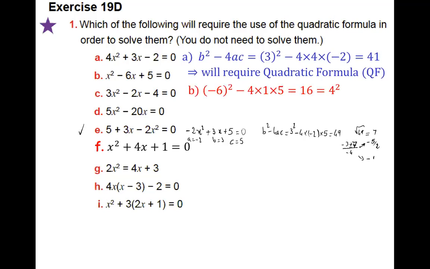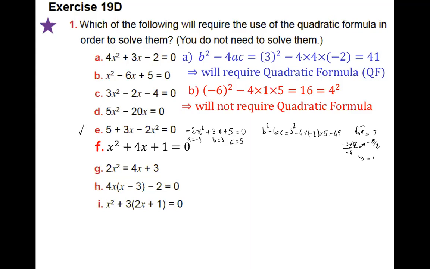For B, I get 16. 16 is 4 squared. So you don't need the quadratic formula here, because you get minus b plus or minus 4 divided by 2a. So for B you could have used a quick way of factorizing it and then been able to give your roots. So you don't need the quadratic formula for that one.